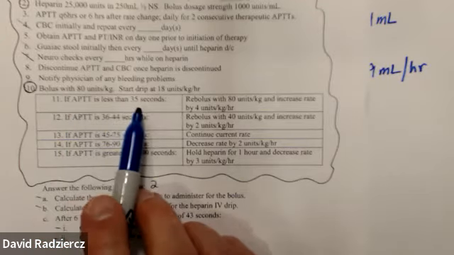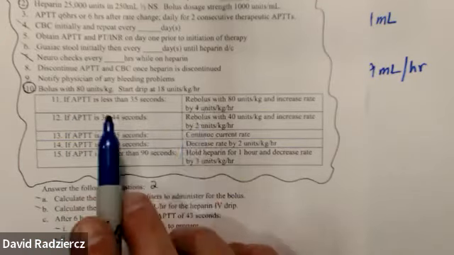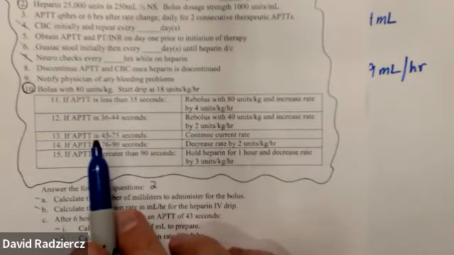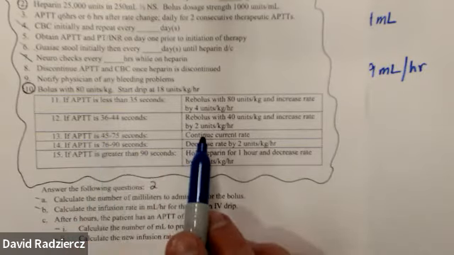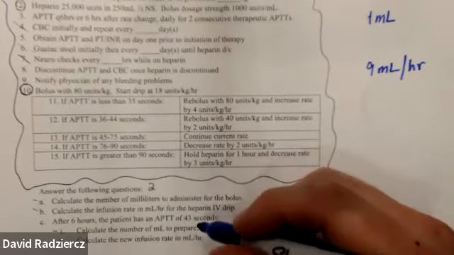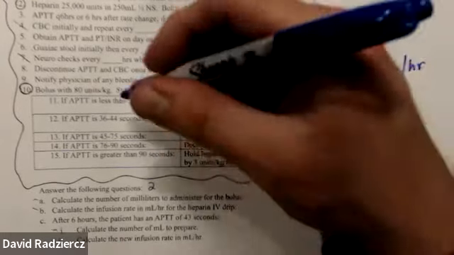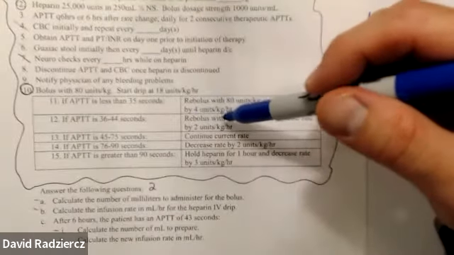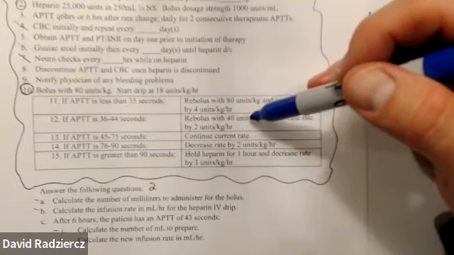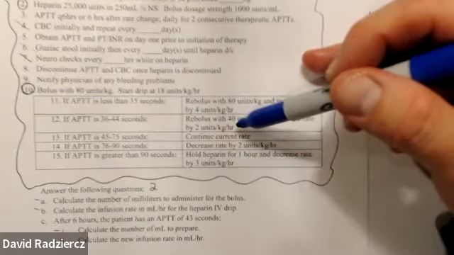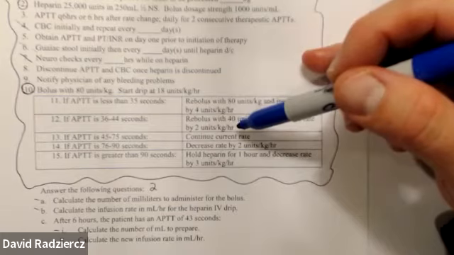If it's less than 35 seconds, we follow this. If it's 36 to 44 seconds, we follow this. If it's 45 to 75 seconds, we follow this, and so on. It's 43 seconds, which falls into the range of step 12. It says to rebolus with 40 units per kilogram, and then increase the rate by 2 units per kilogram. So we're going to do some new calculations.